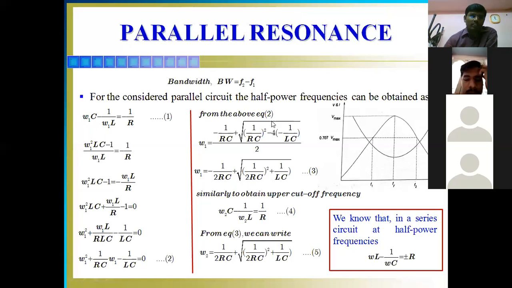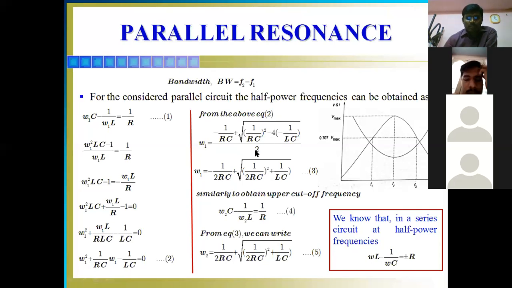From the above equation, omega 1 is equal to minus B plus square root of B squared minus 4AC over 2A, where B is 1 by RC, A is equal to 1, and C is equal to minus 1 by LC.